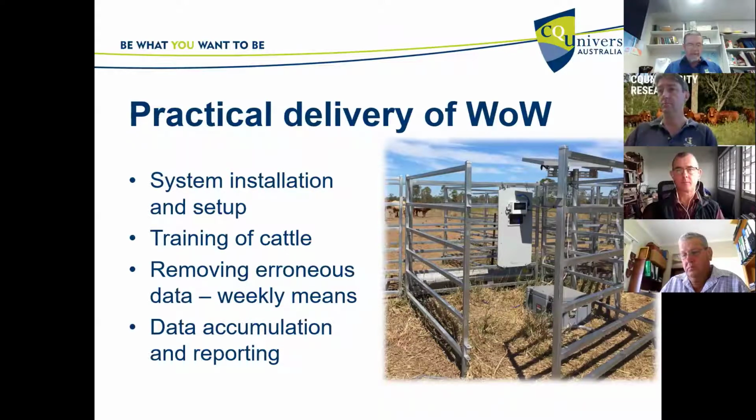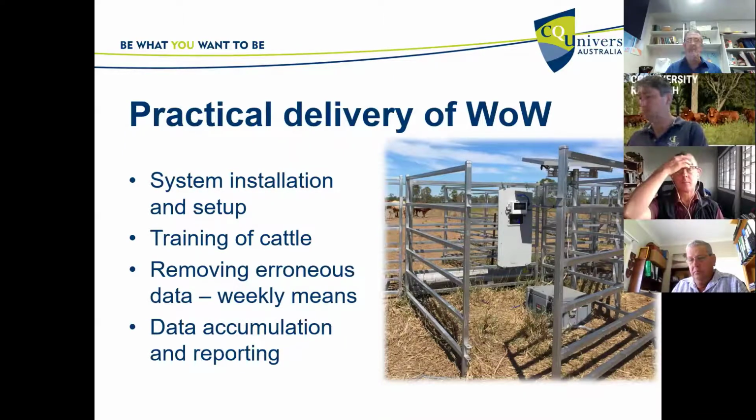So in the research herds, that's what we've been concentrating on. We've been using more of a passive training system, so that the infrastructure is put up in a staged process, so that the cattle and the cows become accustomed to the platforms, the spears, and the panels.